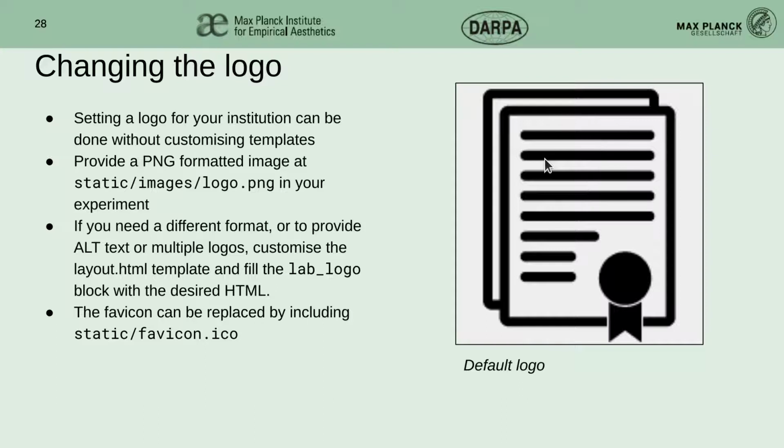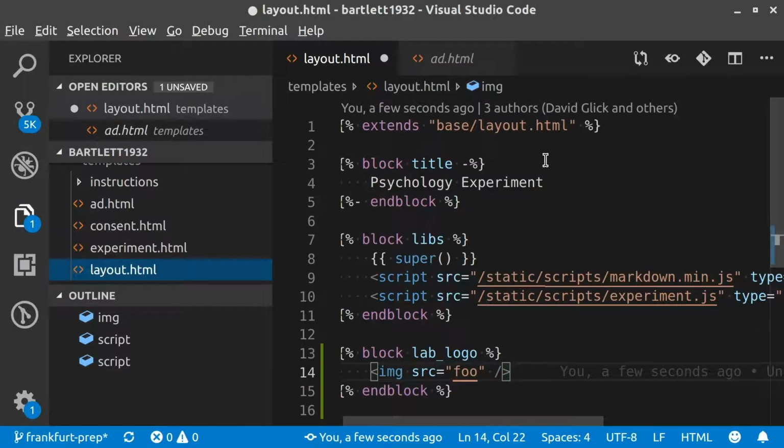In the Bartlett demo that you're running, if you go to templates, then layout HTML. And then it only says the extends from base. It will have extends base layout, and as I just showed here, I think it has a block title and a block libs. But if I go to base layout, I see what other things are available, right? In theory, there might be other blocks. Yeah, base layout.